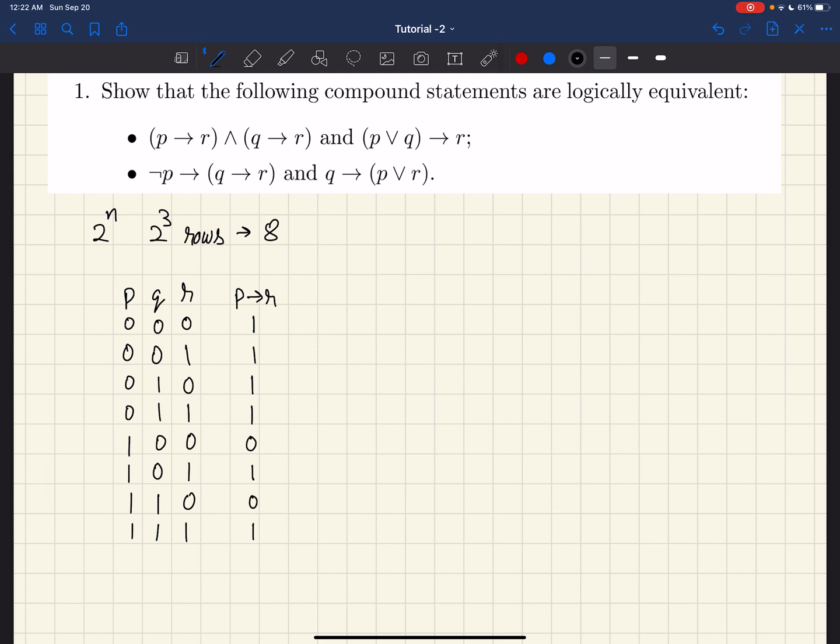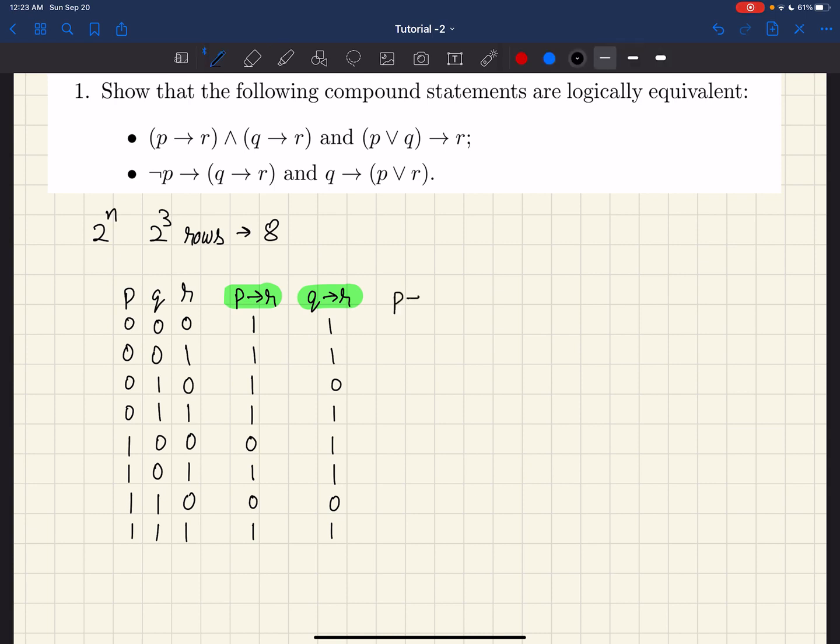The next part is Q implies R. Again, the same thing. And now we have to AND these two statements.